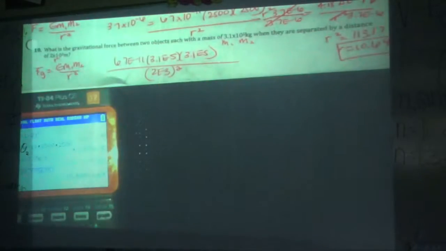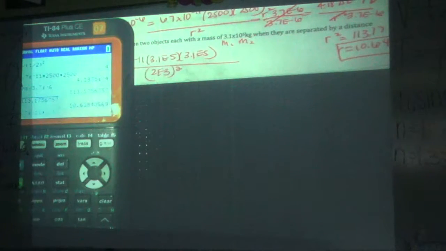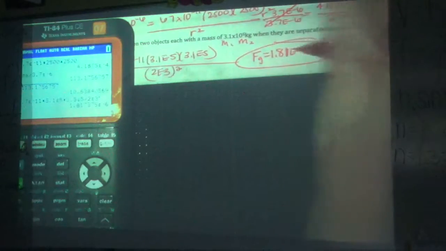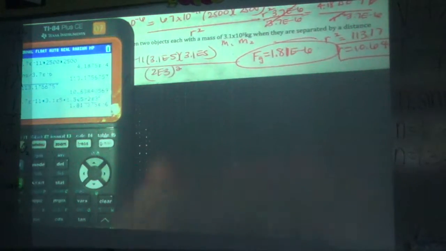Don't forget to square the R. Times 3.1 E5 times 3.1 E5 divided by 2 E3 squared. And that gives you a force of gravity of 1.81 E negative 6 newtons. Just like that, that's fine.